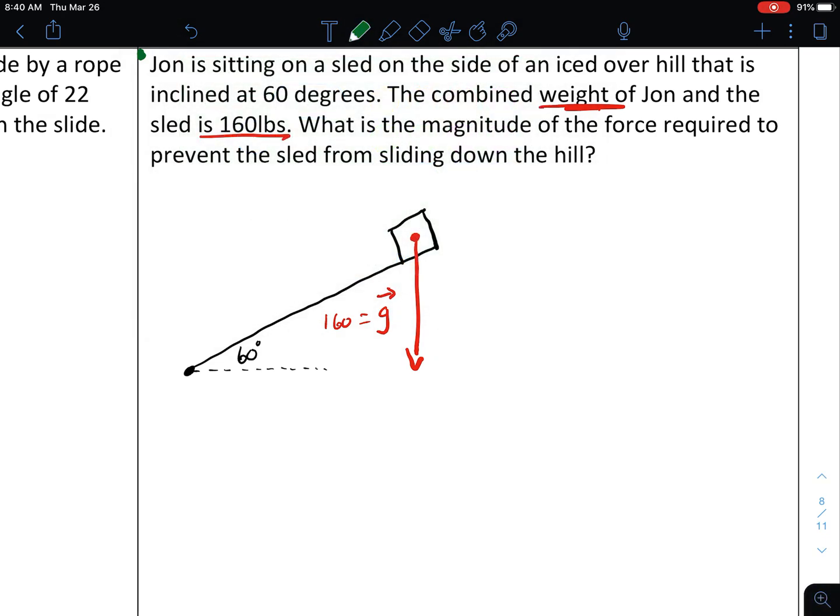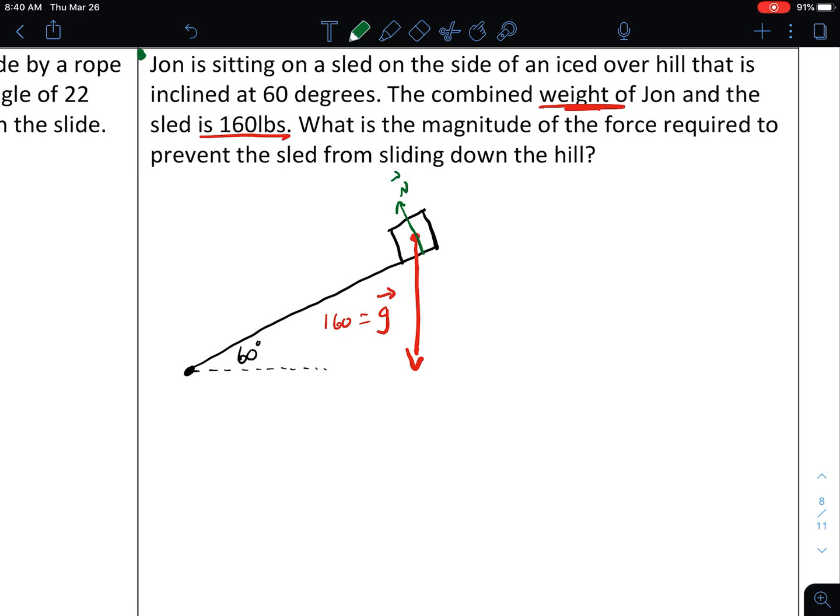Now, at the same time, if I'm actually sitting on a plane, I have gravity acting on me, and I am pushing against a surface. And the surface itself is acting back into the object that is pushing on it. So there is also a vector that is pushing perpendicular to the surface back up through the object, which is called a normal force.